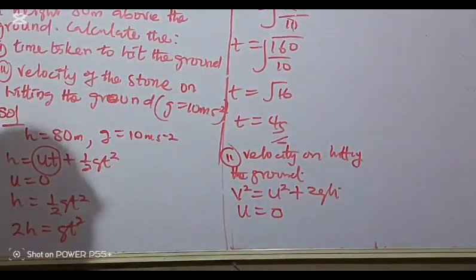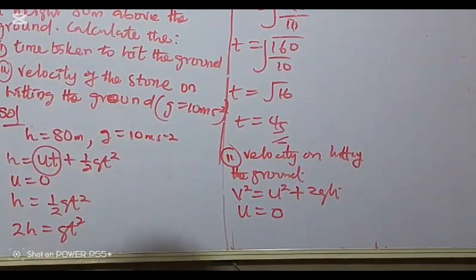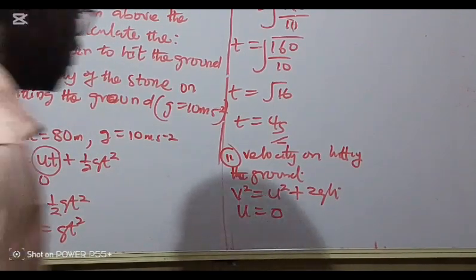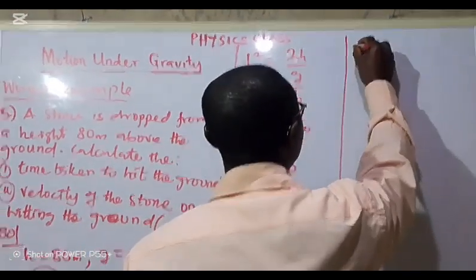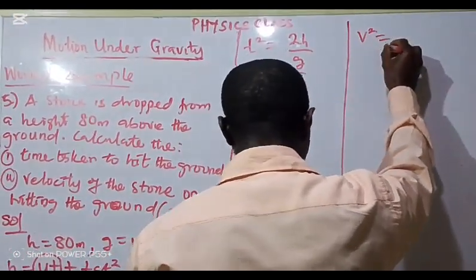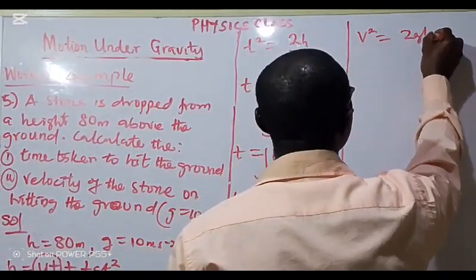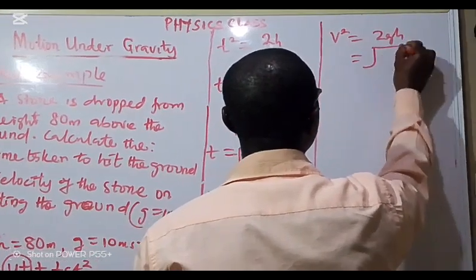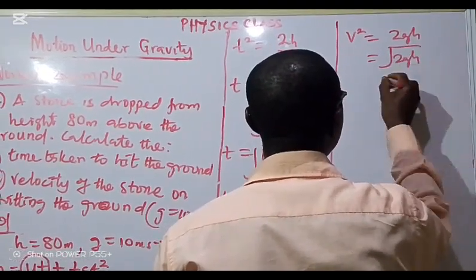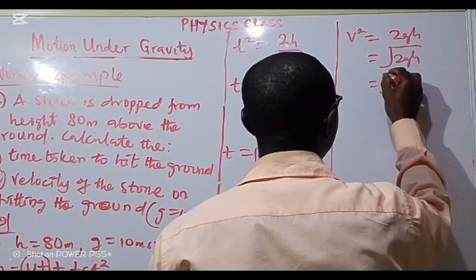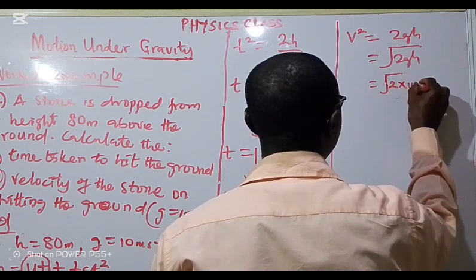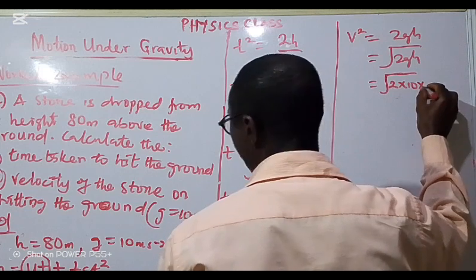When from the initial state, when it is coming down, if u is equal to 0, then we are going to have v squared is equal to 2gh. This one will now give us the square root of 2gh. And what is our h? According to the question, that will be 2 multiplied by 10. Our h given from the question is 80.